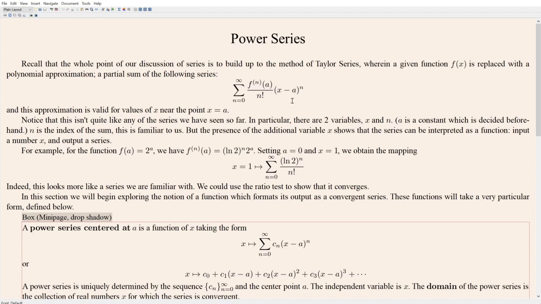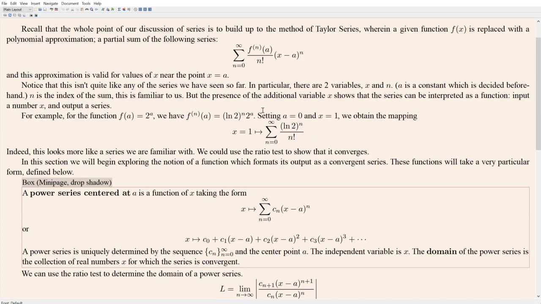So if we take the Taylor series with a equals 0 and x equals 1, well, let's see, 1 minus 0 is 1, so all of these terms just end up being 1. 2 to the 0 is 1, so similarly that disappears. So we obtain this series here. So we are interpreting this as the output of a function. So the input to the function was x equals 1.